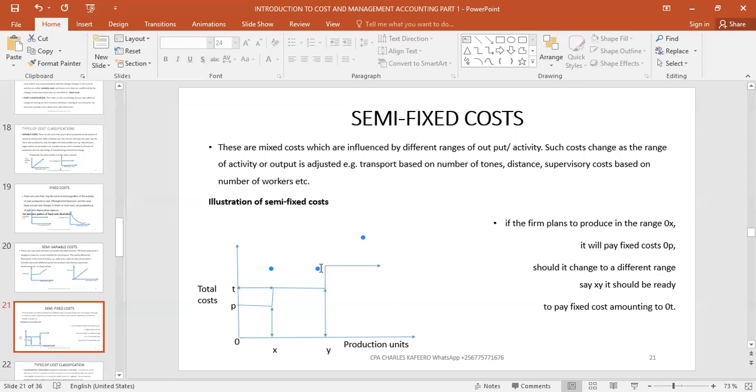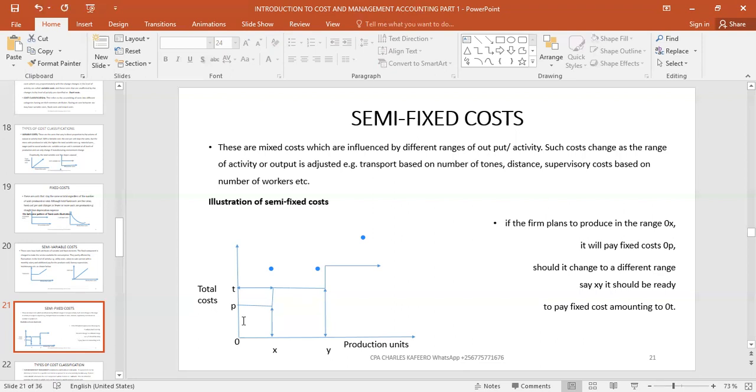Then you also have the supervisory cost based on the number of workers. When you are paying supervisors, they supervise according to the number of workers. When the number of workers increases beyond a certain range, you are supposed to pay them extra income for supervising those people.